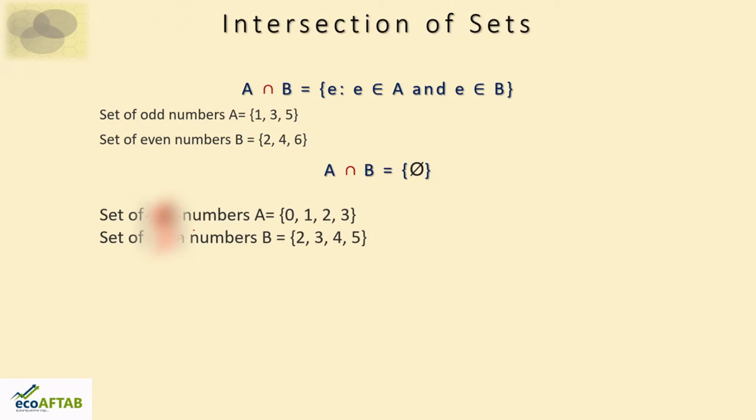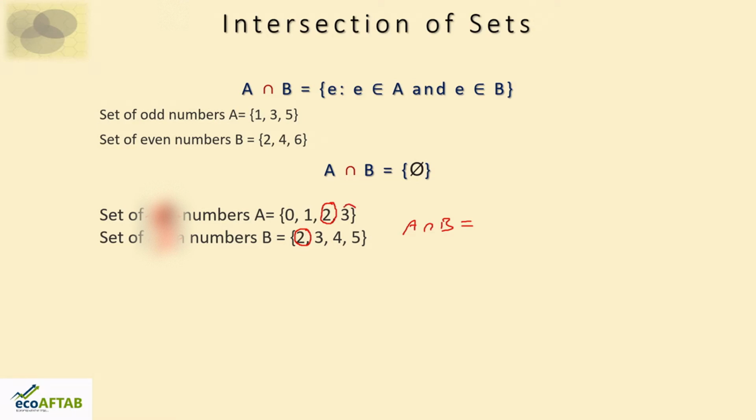Now, if I ask you what is A intersection B, you will find what is common in A and common in B. So 0 is not there in B. 1 is in A, not in B. We found, yes, this one particular element common in set A and set B.